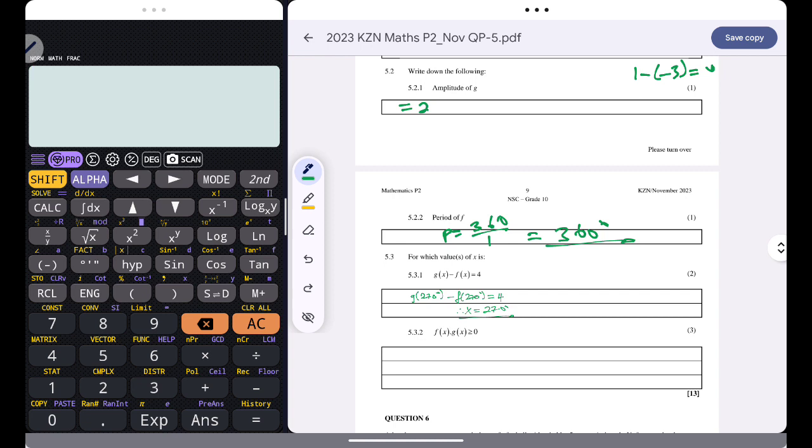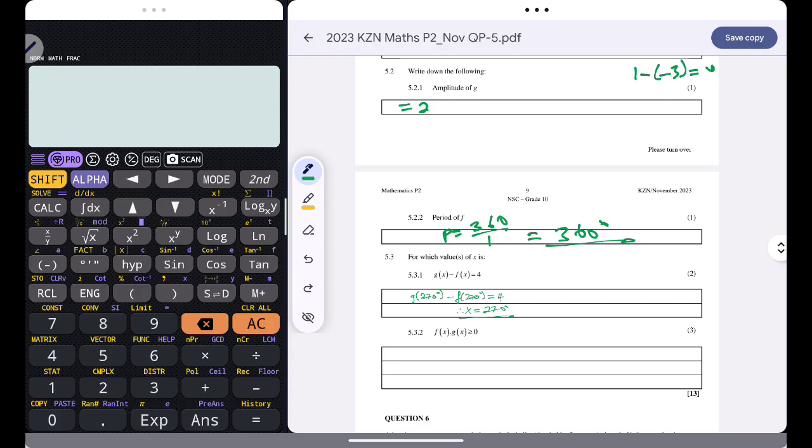If I'm multiplying two things and my answer is positive, it simply means that the two things have the same sign. Are you together? It's either both of them are positive or both of them are negative at the same time. So I must look for the values of x whereby both the graph of f of x and the graph of g of x are positive or negative at the same time.